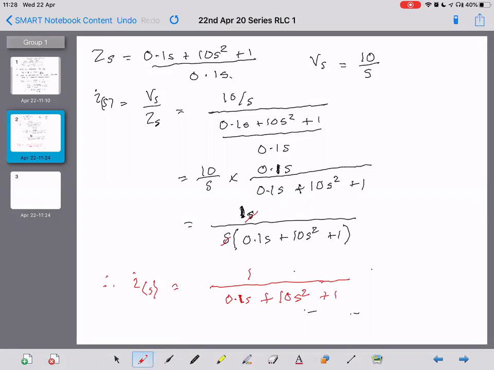Now, have a look in your table of Laplace transforms and see if you can see anything that looks like that expression in the table. A squared term, an S term, and a constant in a fraction.